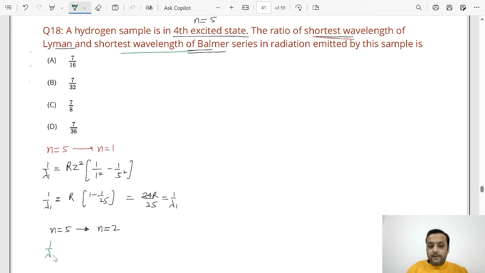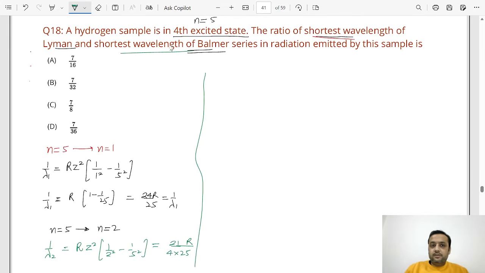So 1 by lambda 2 will be equal to R into z square into 1 by 2 square minus 1 by 5 square, not 1 square. How much will this become? 1 by 4 minus 1 by 25, so 25 minus 4, 21 upon 4 into 25 into R. Z will be 1. So this is the value of 1 by lambda 2.